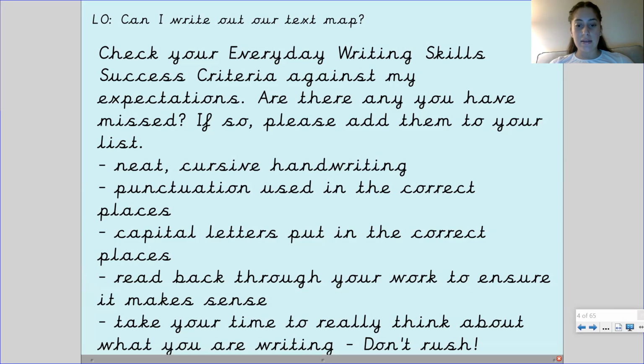And finally, take your time to really think about what you are writing. However many times you need to go back and look at your text map again to remember the sentence, you can do that. You can keep repeating the sentence, holding the sentence in your head to make sure that you don't forget any words in that sentence. So don't rush your work, take your time.